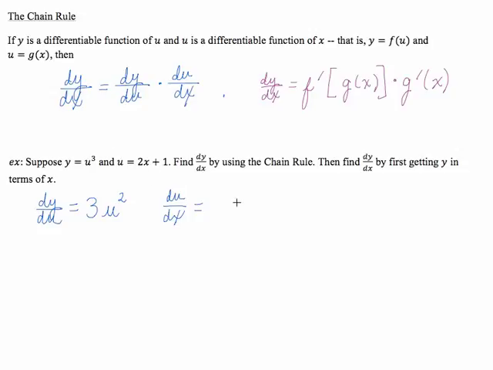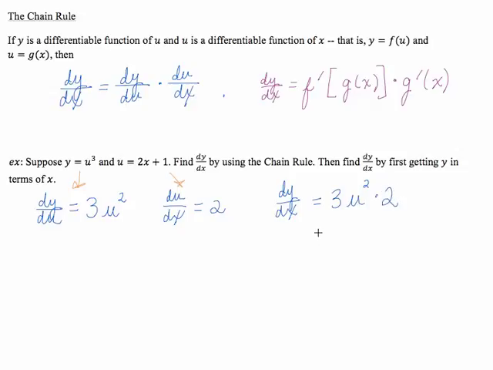The derivative of 2x is 2, and the derivative of 1 is 0. So then dy dx is their product, okay? By the chain rule, dy dx is defined as the product of this and this, dy du times du dx. So 3u squared times 2.